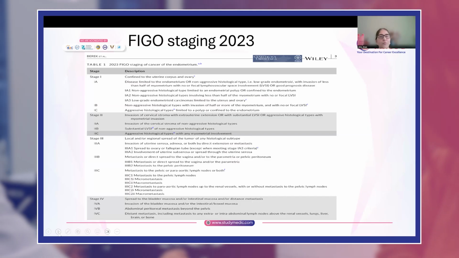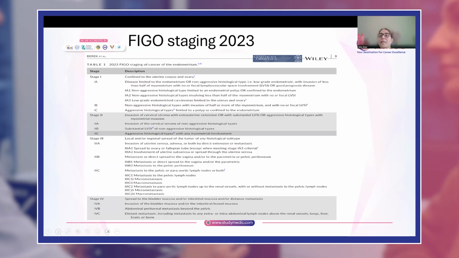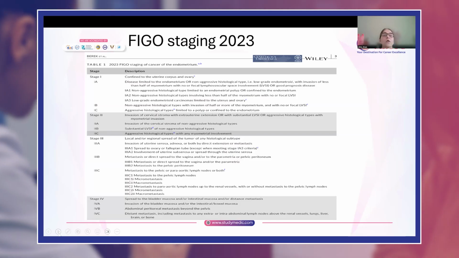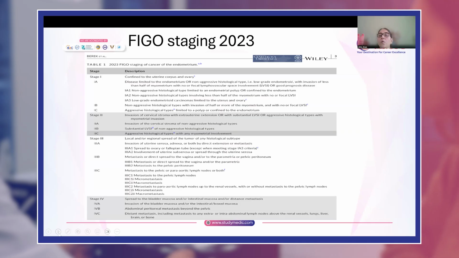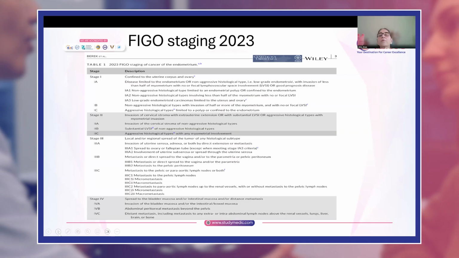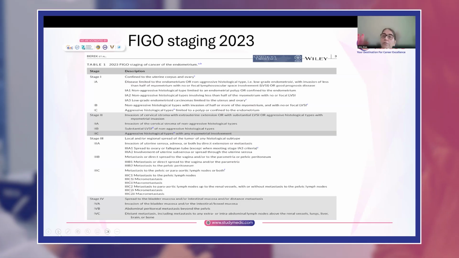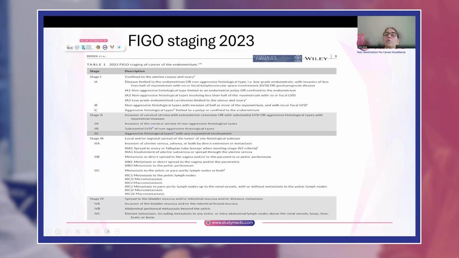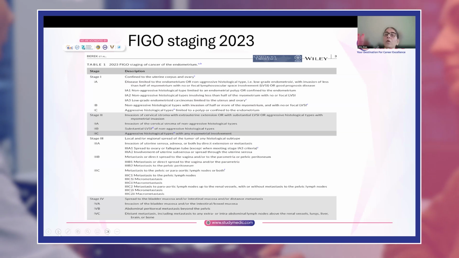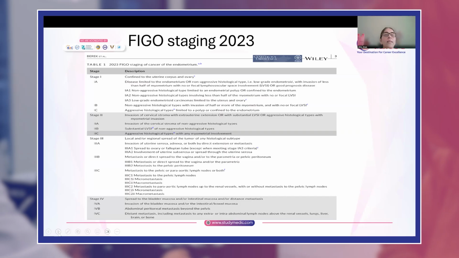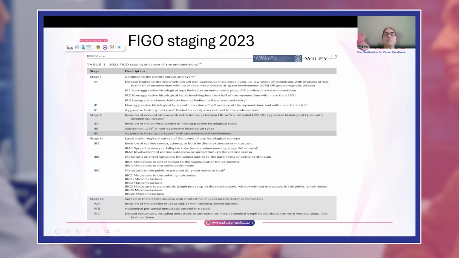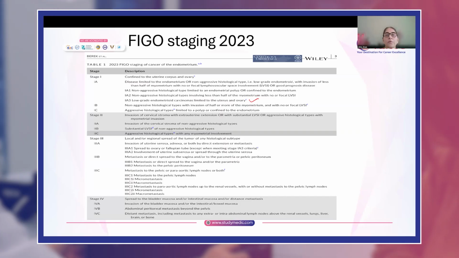That is stage 1A2. What is 1A3? Low-grade endometrioid carcinomas. Low-grade means 1 or 2. And they are limited to the uterus and ovary. So even if there is involvement of the ovary, but the histological type is low-grade, then it is 1A3. This is very important to remember.